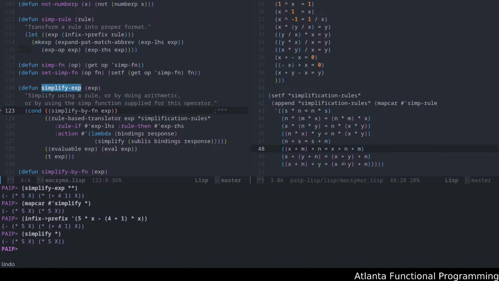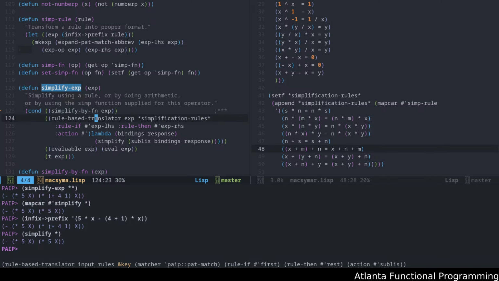The way we do that is we need to actually go into here and see what happens when the expression is passed in. Okay.